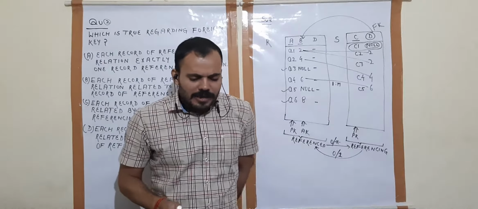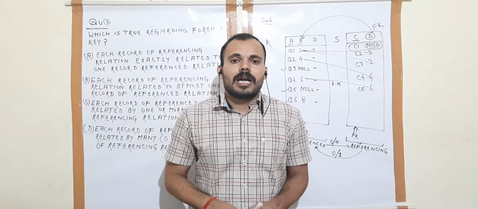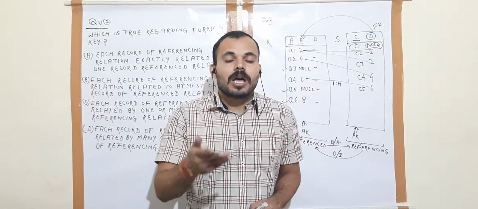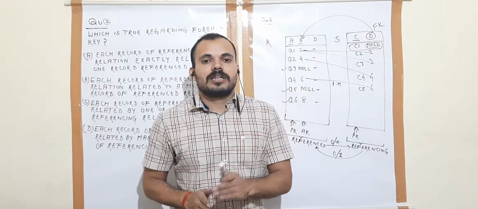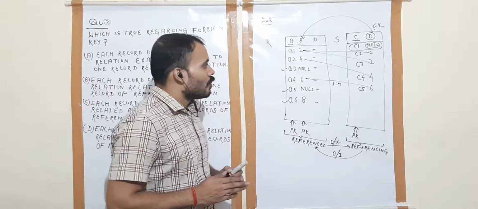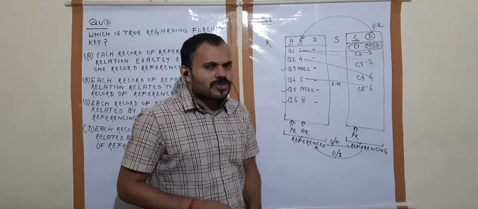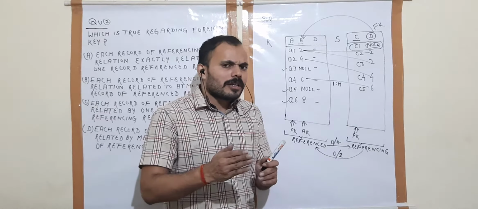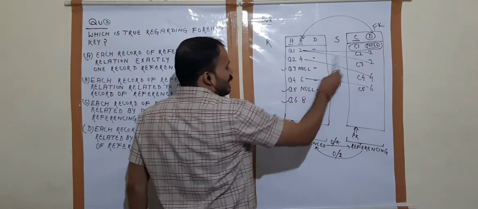Now see one thing we have studied earlier. We know that null means unknown, unexisted. So what about the mapping of null to null? See here, this null and this null.